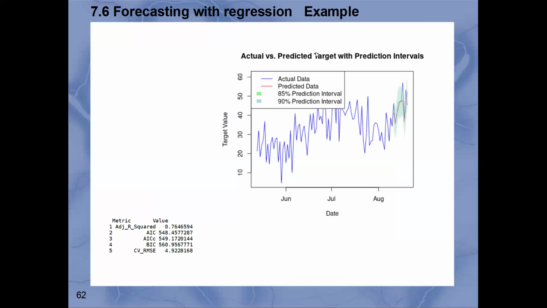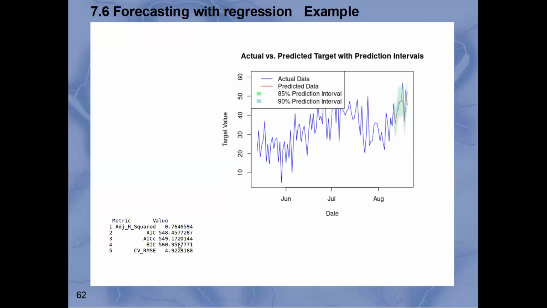So here we have an actual versus predicted, right? If we look at the actual data, it is in blue and the predicted data is in orange. And we have our 85 percentile prediction interval and our 90% prediction interval.